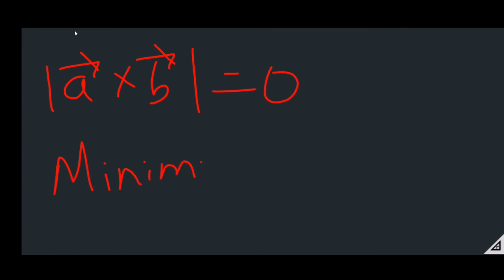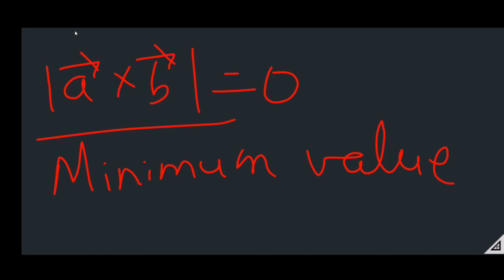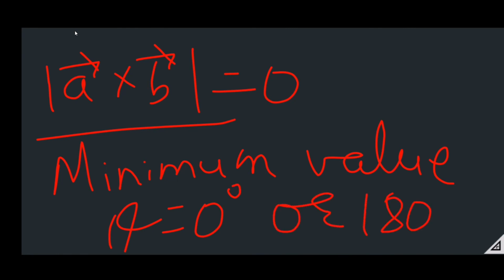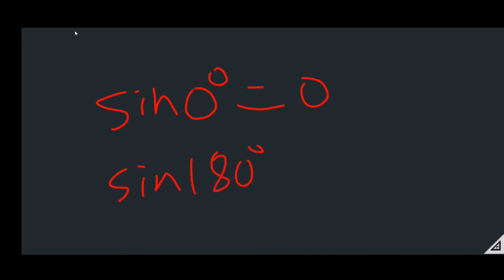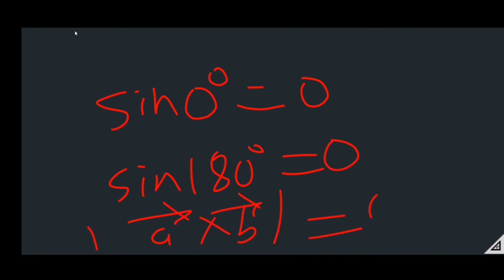It is the minimum value of the magnitude of the cross product of a vector and b vector when theta equals either 0 degree or 180 degree, because sine 0 degree equals 0 and sine 180 degree also equals 0. That is the reason a vector into b vector magnitude is also 0.